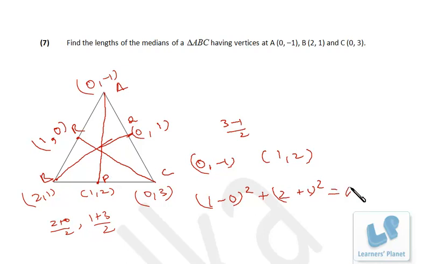So that is AP square. So AP square is equal to 1 plus 9, or we can say 10. So AP will be root 10. Okay, so the length of this median is root 10. Similarly, we can calculate the lengths of BQ and CR in the same manner. Okay, I'm sure you are able to calculate this. Let's take the next one.